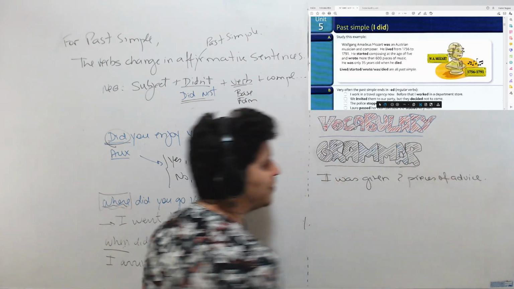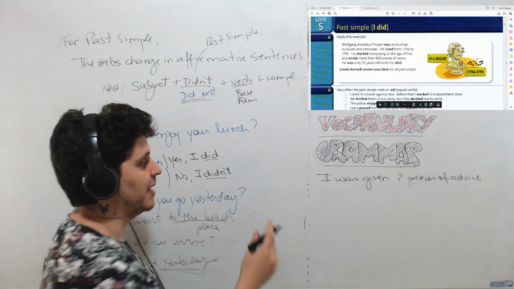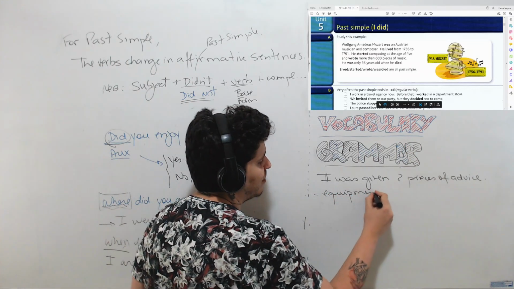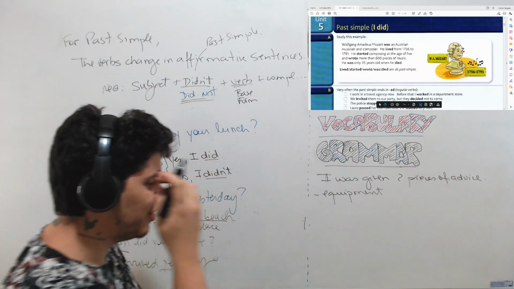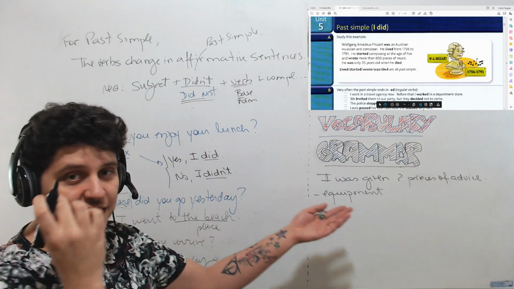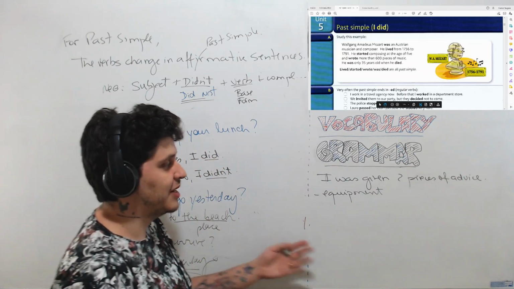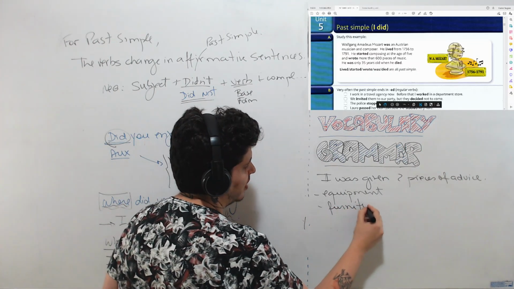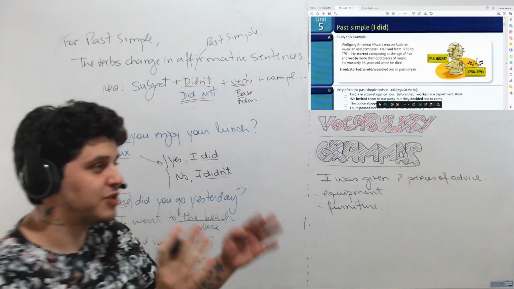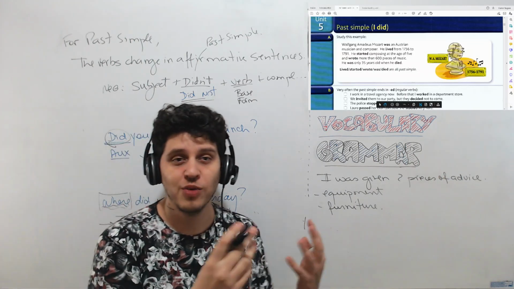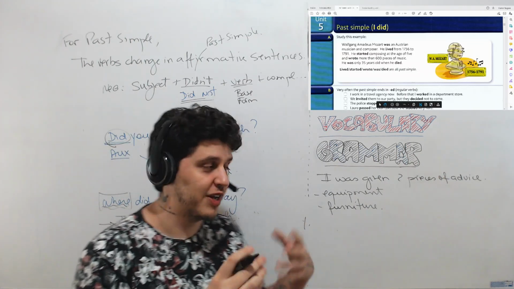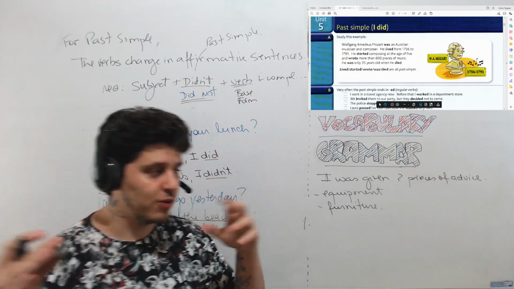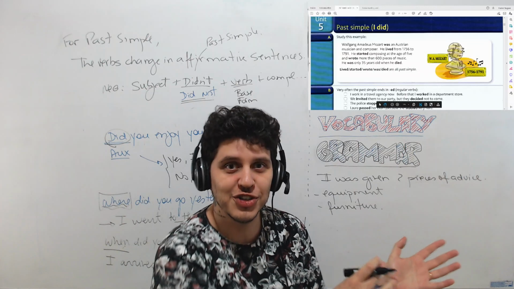And this may help you out in many situations. For example, with the word equipment, that in Portuguese we count, and it's quite weird for us not to count equipment, right? Because in Portuguese we do count it, but in English we just don't. Furniture. You know, when you want to specifically talk about your sofa, what is your sofa? Your sofa is not the furniture, because furniture involves all the pieces of furniture you've got.